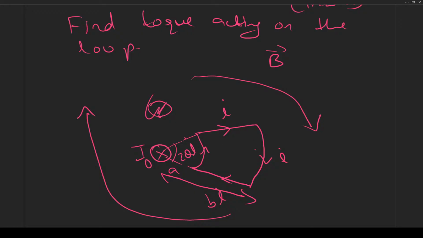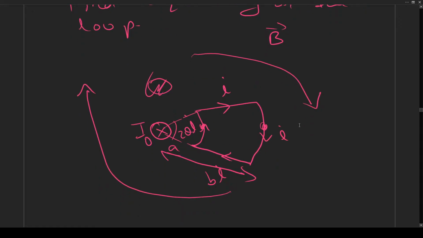There is no force acting on this segment and this segment here, because they are tangential to the magnetic field, meaning the I and B vectors are lying in the same direction. So sine equals 0, sine 0 is 0. So there is no force acting in this segment and this segment.